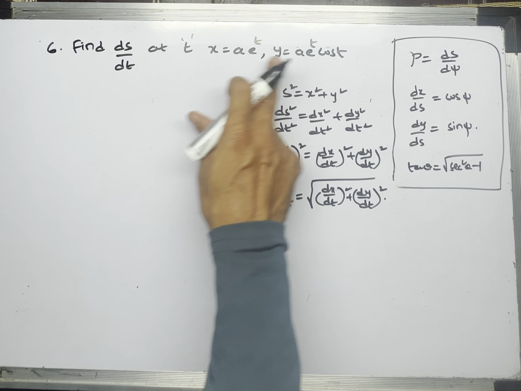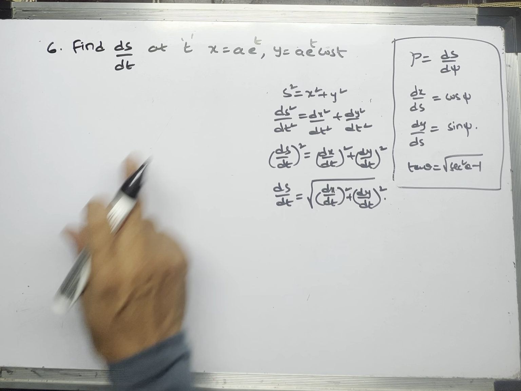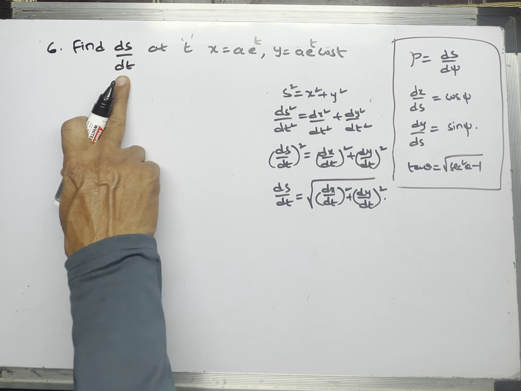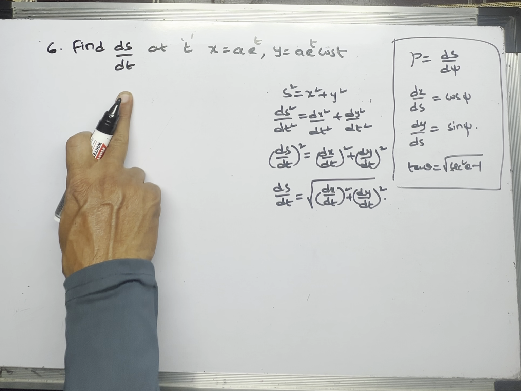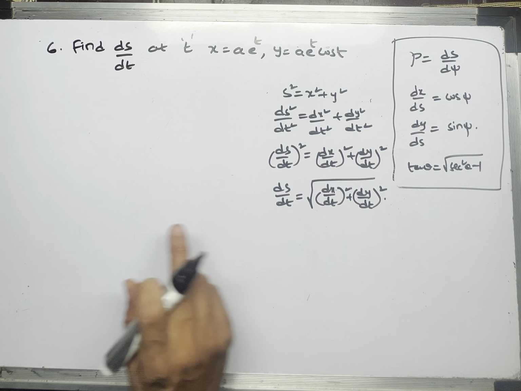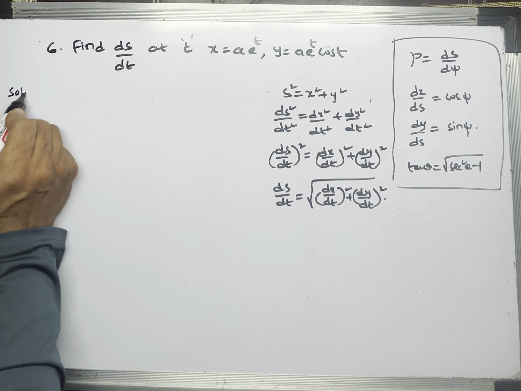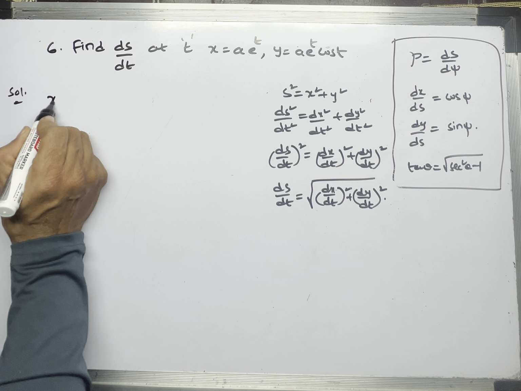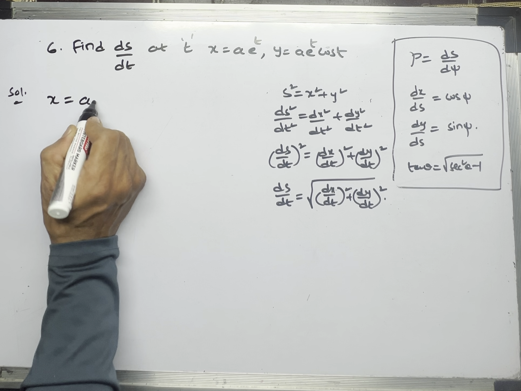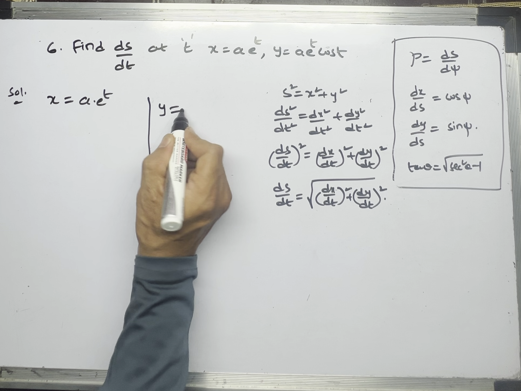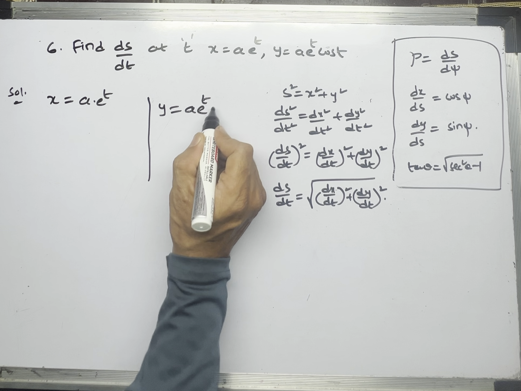When the s function is given and the two variables are given to us, two functions given in terms of t in parametric form, ds is involved, so we have to follow the same pattern as for radius. The first variable is x equals a into e power t, and the second one is y equals a into e power t cos t.